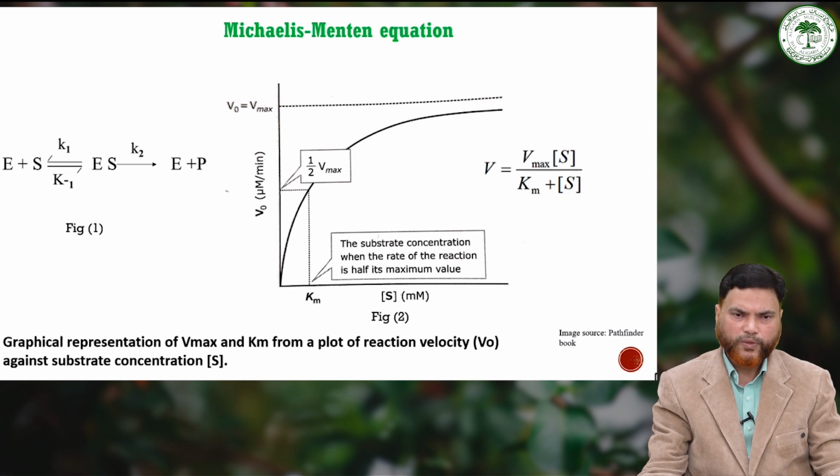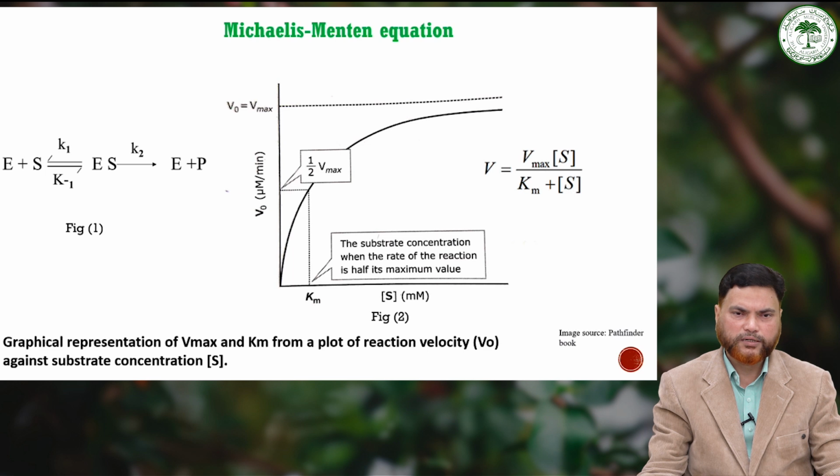Now the question arises, what does the Michaelis-Menten constant reveal? The Michaelis-Menten constant, Km, is the concentration of substrate at which the enzyme reaction is happening at half its maximum speed. It's like finding the sweet spot for the reaction to work efficiently.